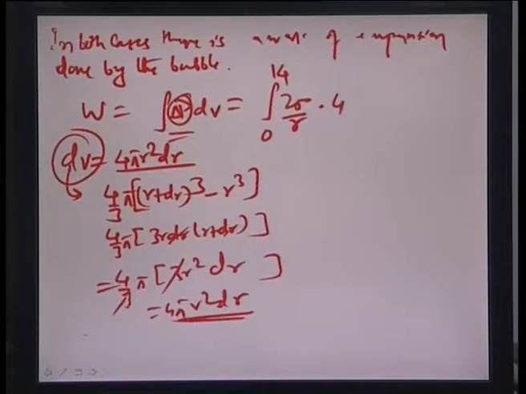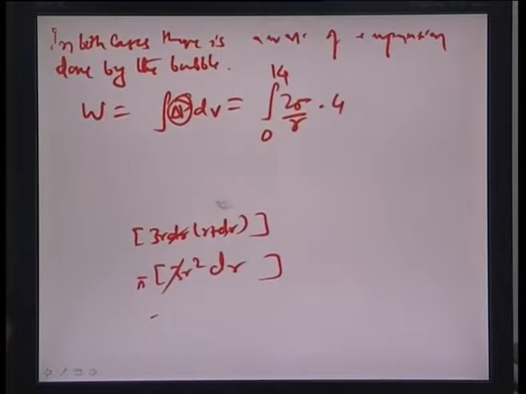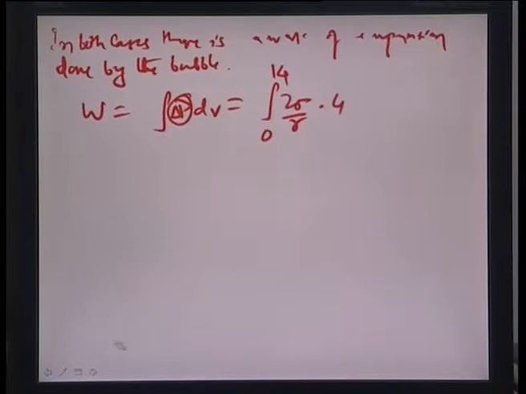Let me just rub all this before we start with the derivation of the total amount of work which is done. The work done in this case is of course delta P dV, which is essentially equal to 2 sigma by r times 4 pi r squared dr, where r varies between 0 and 14 microns.